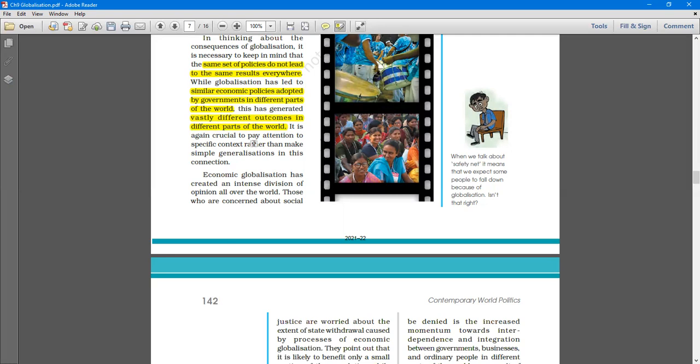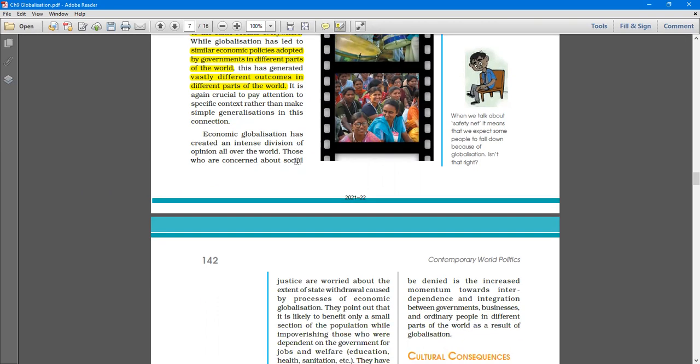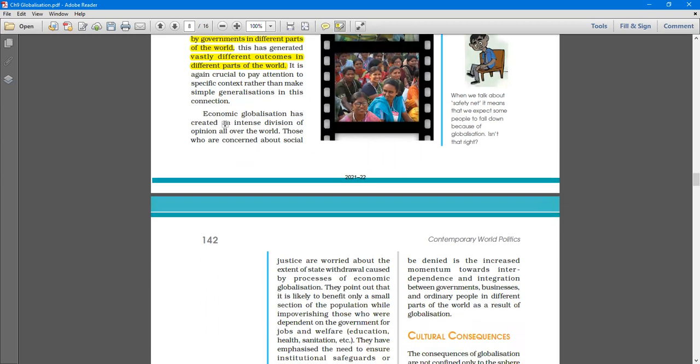However, in the current time period, the main intent of all the governments is just to remove the trade barriers, to give pace to the globalization process. So it is again crucial to pay attention to specific context rather than make simple generalizations in this connection.